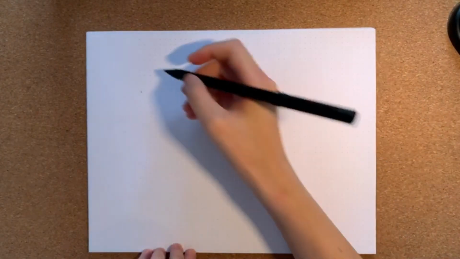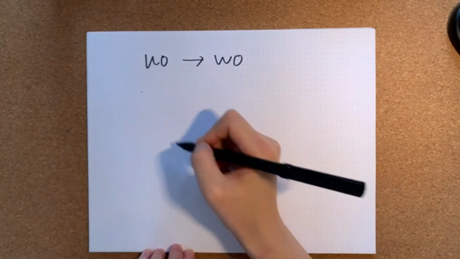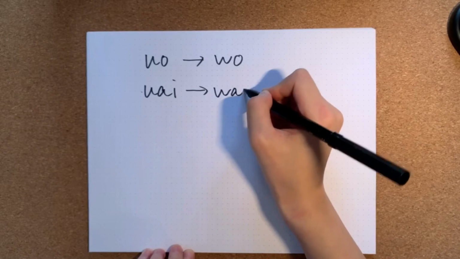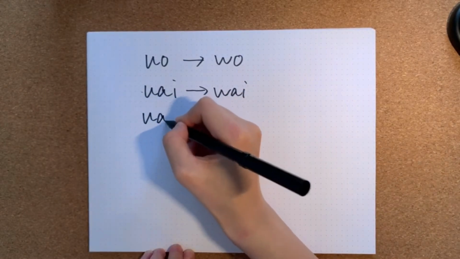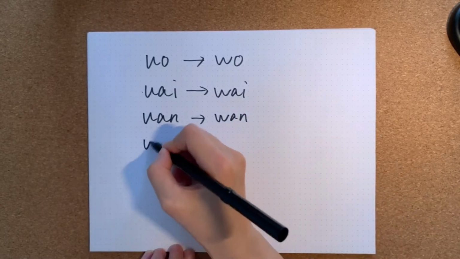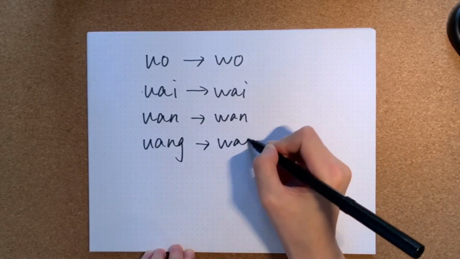Other syllables that apply this rule include uo is written as wo, ai is written as wai, uan is written as wan, uang is written as wang.